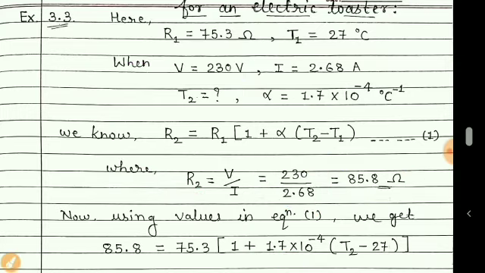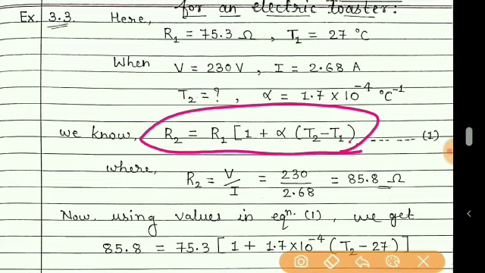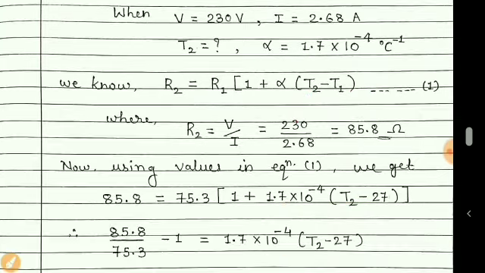So now we have the value of R2. In this formula, all the values are known, only T2 is unknown. If only one is unknown, we can easily find it.